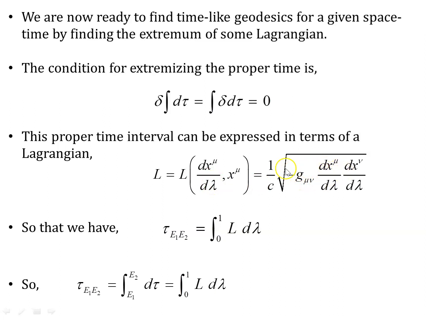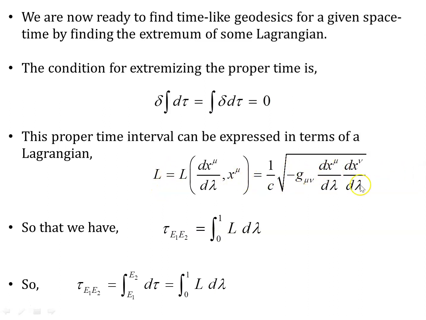Okay, and again we have, if we choose our Lagrangian, this object here, if you look at it, dx mu d lambda is the derivative of the coordinates, if you like, the speed. And so here, this would give us the square root of the magnitude of the speed, and it would be, if you can imagine, the speed per unit of mass.